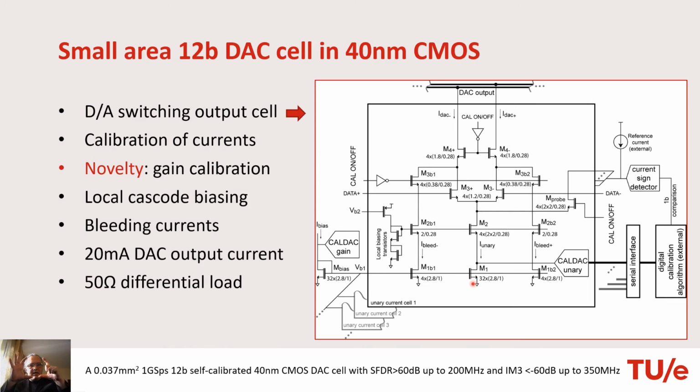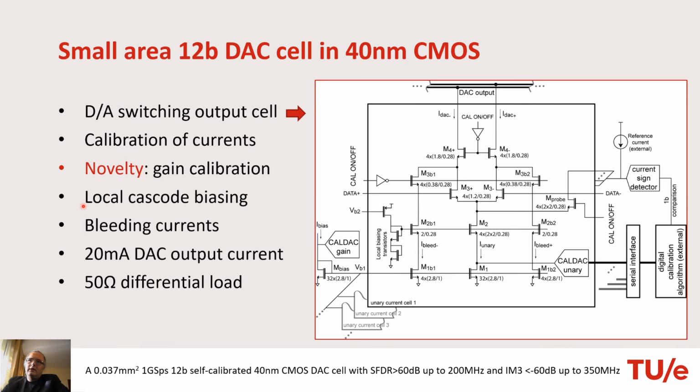As the gain errors are minimized, or the full scale ranges of all DACs are the same, then we calibrate the mismatch errors, so that we can utilize in a more efficient way the full scale range of the calibrating DACs which are embedded inside the DA cell. So this is one cell, and we have many of these in parallel, and in the output we sum up the current contributions.